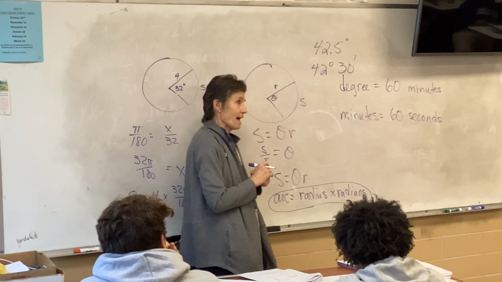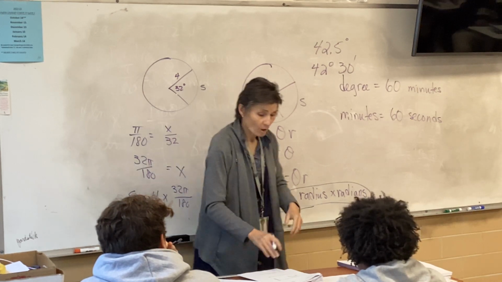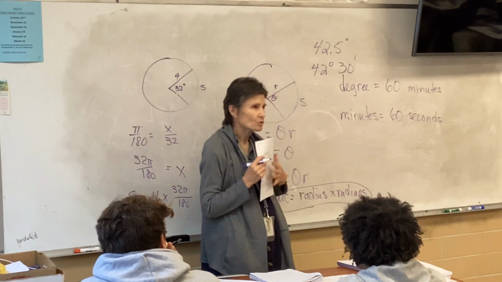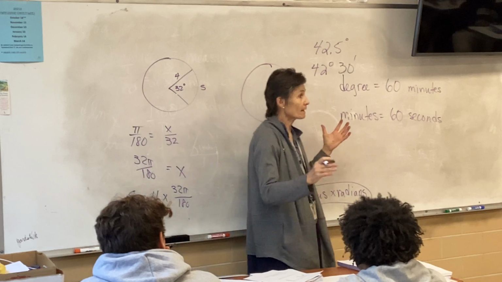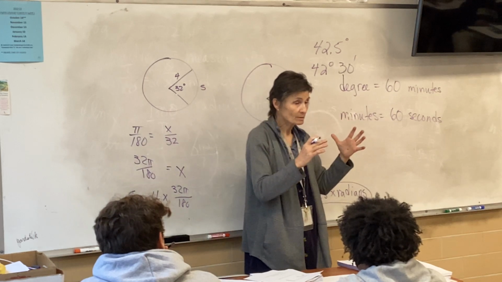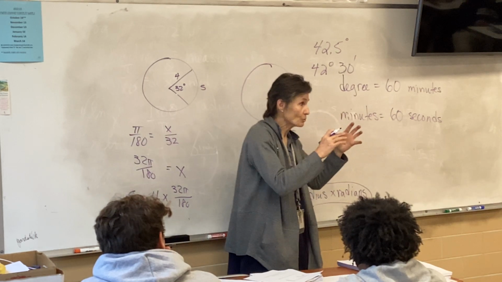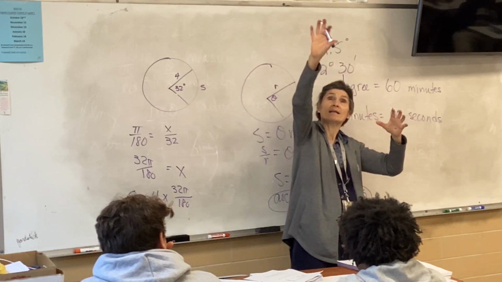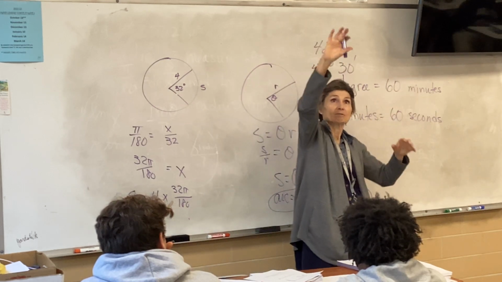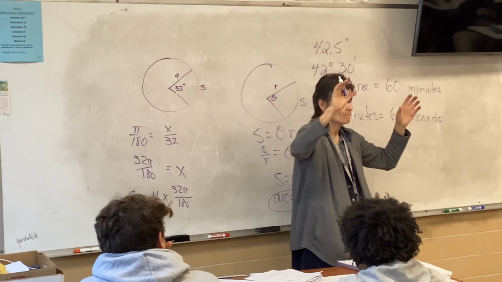Now, why is that? Well, for us, drawing our little pictures on our paper, we really don't need those subdivisions. But if you think about navigators using angles to locate things, think about trying to find the, I don't know, the satellite that's up there somewhere.